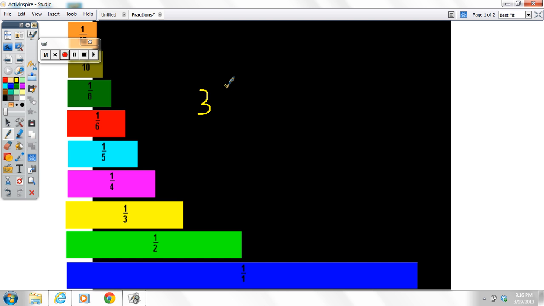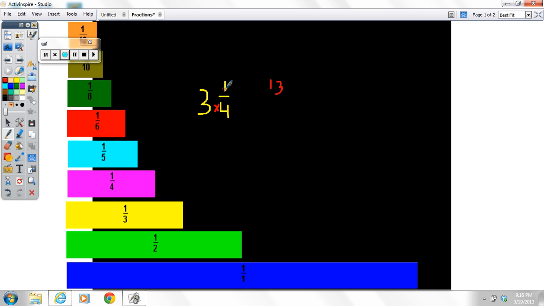If I take 3 1/4, I could look at 3 1/4 and I could ask myself, well, if I take this denominator and multiply it by the whole number, and then take that product and add the numerator to that product, I would get 13.